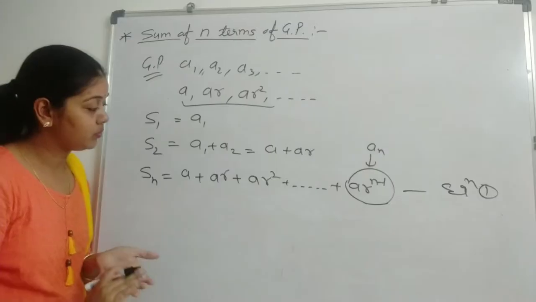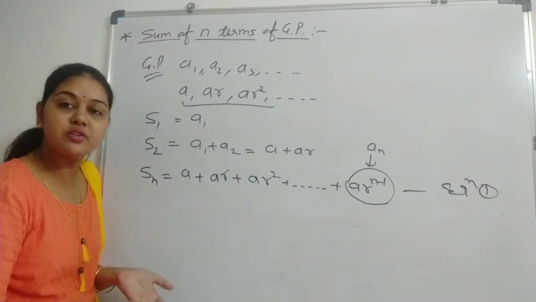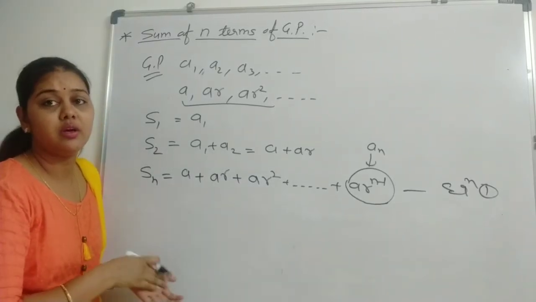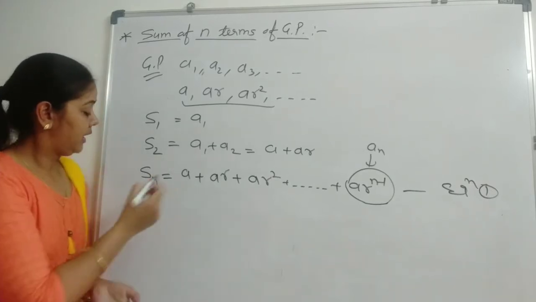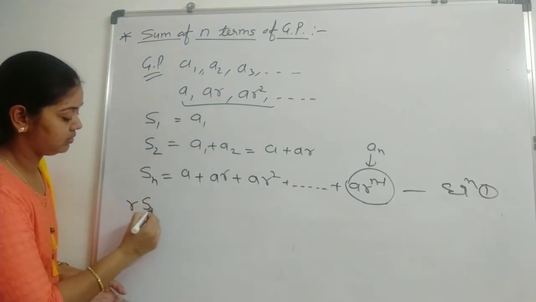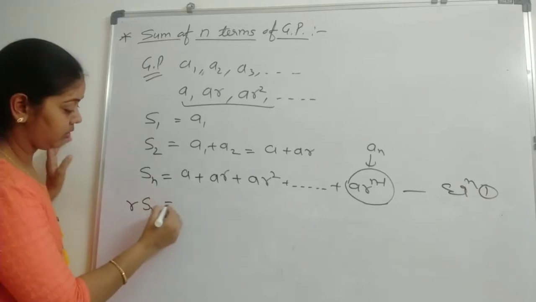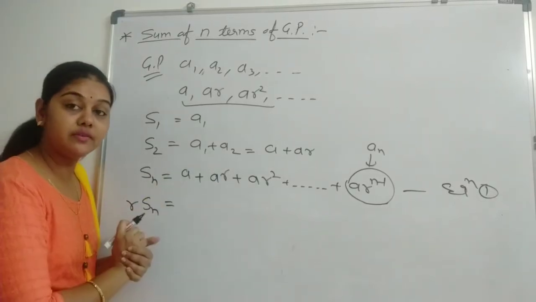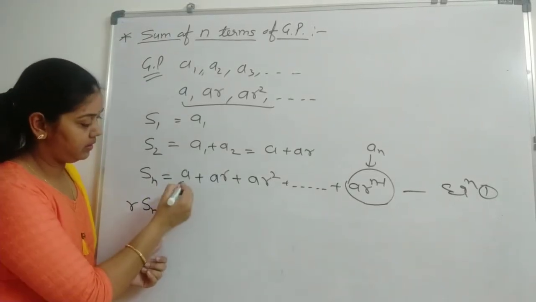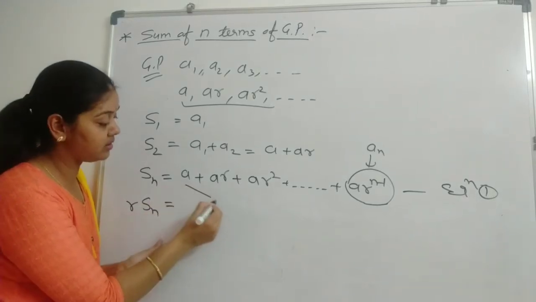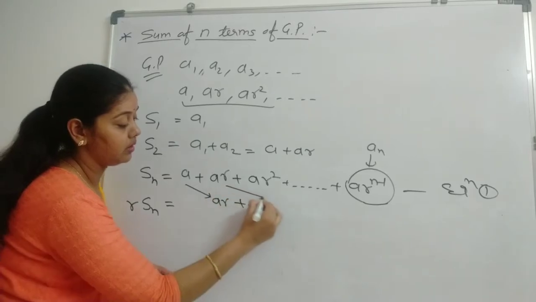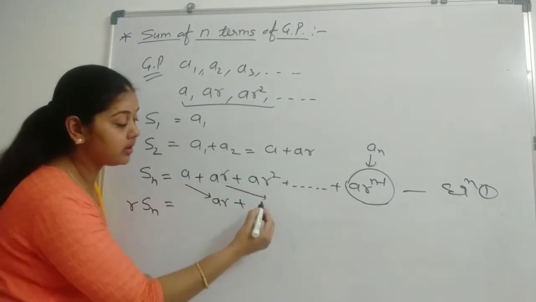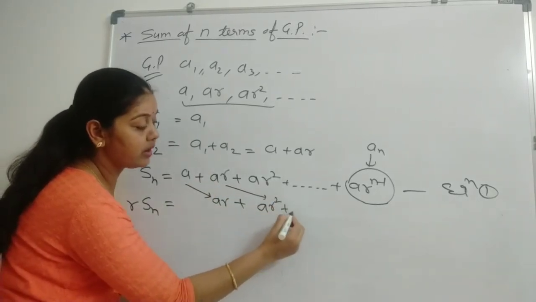Okay? Look at here. What is the symmetry here? In each term, we have some positive power of r. If I multiply this equation with r, we will get a similar kind of terms again. If I multiply a with r, I will get a r. a r into r means a r square.